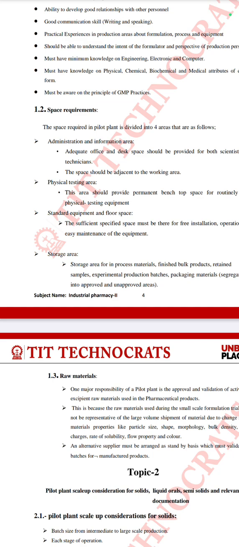Talking about the administration and information area, it is considered that adequate office and desk space should be provided for both scientists and technicians, and a proper work area for a good administration block. Physical testing area: this area provides permanent bench top space for routine physical testing equipment.